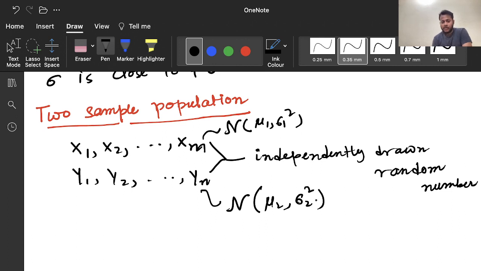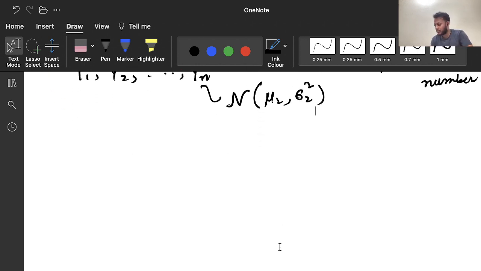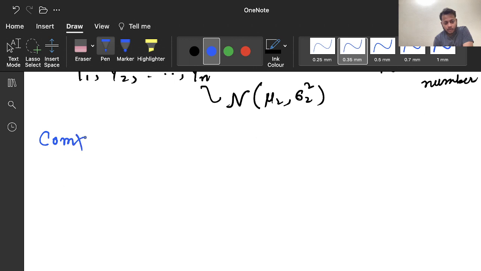with mean mu2 and variance sigma 2 square. Now often we have to compare the means of these two distributions. So our first hypothesis test will compare the means.